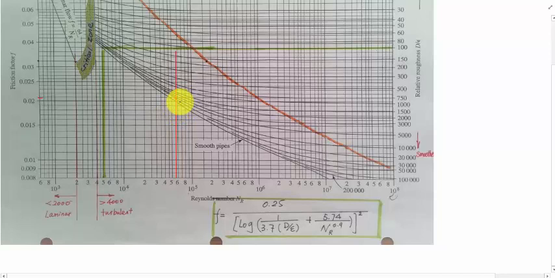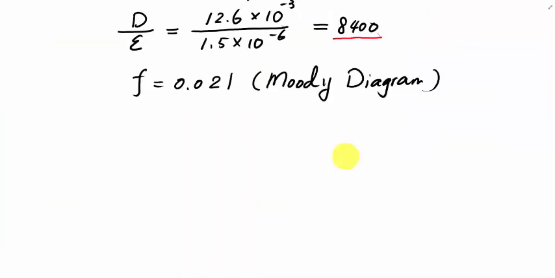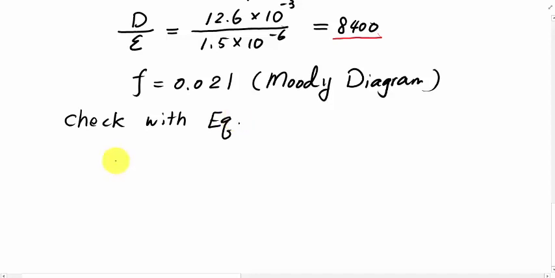So what I want to do is double check this friction factor with you by using this equation. Okay, so let's come back. So we're going to double check. So check this equation. The equation is like this. I'm going to write it down again for myself.